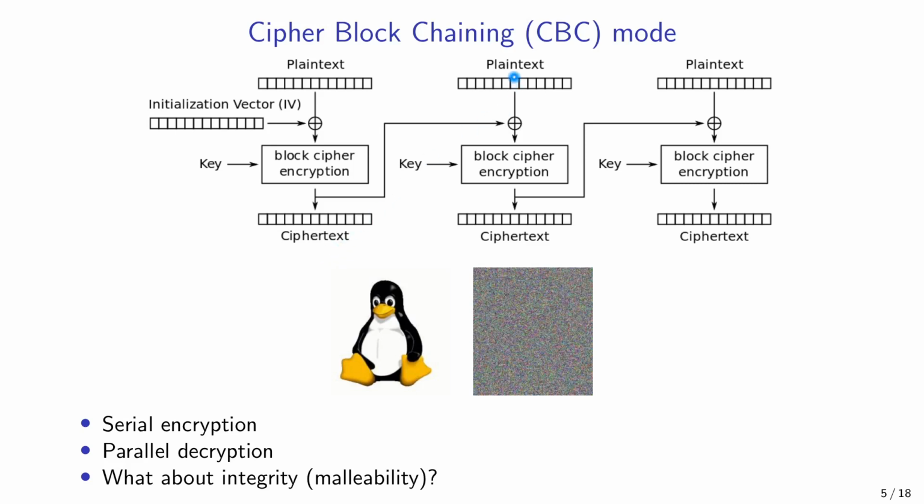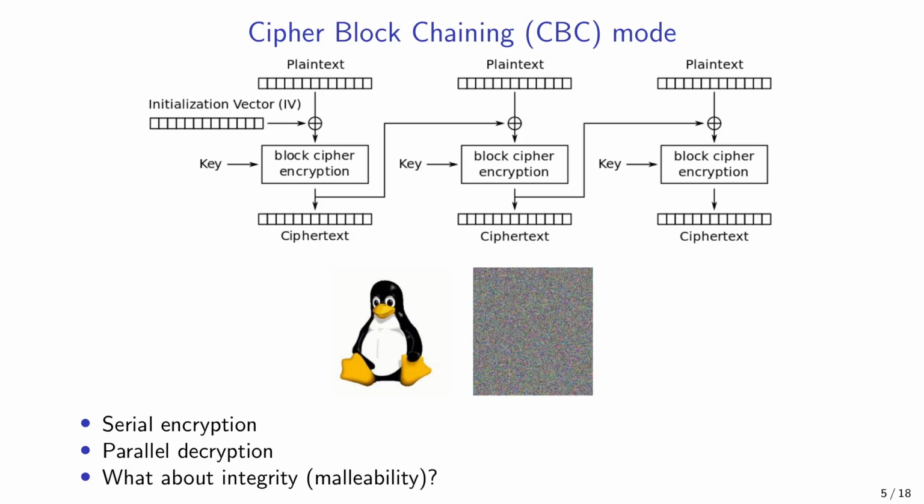How will this plaintext change if we change the first bit here? Exactly, because of the XOR operation, the corresponding bit will be flipped here. So basically, if you modify the ciphertext, the current plaintext block will be all garbage, but the next plaintext will be flipped in the same positions.